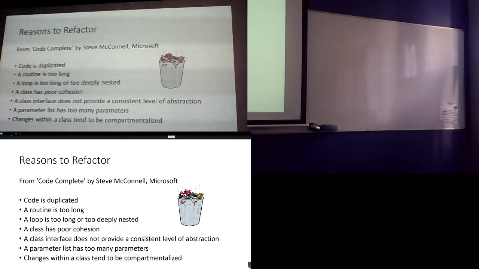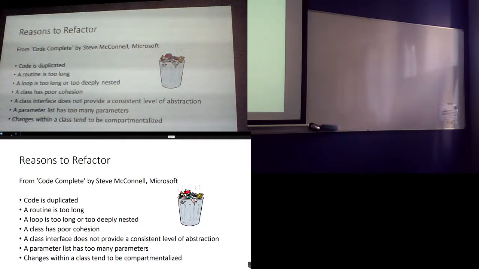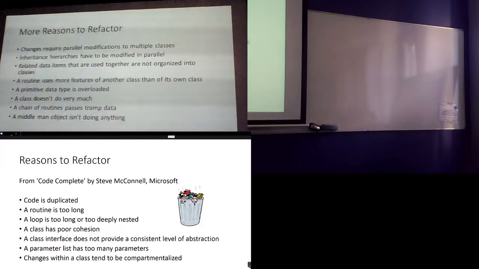The class interface doesn't abstract very well from the data that you have. The parameter list has 10 parameters. Changes within the class tend to be compartmentalized, so when you want to change something, you need to change a few things at once in one compartment.